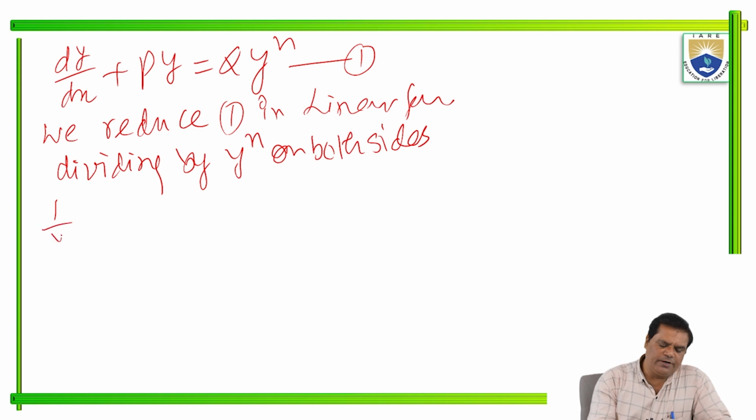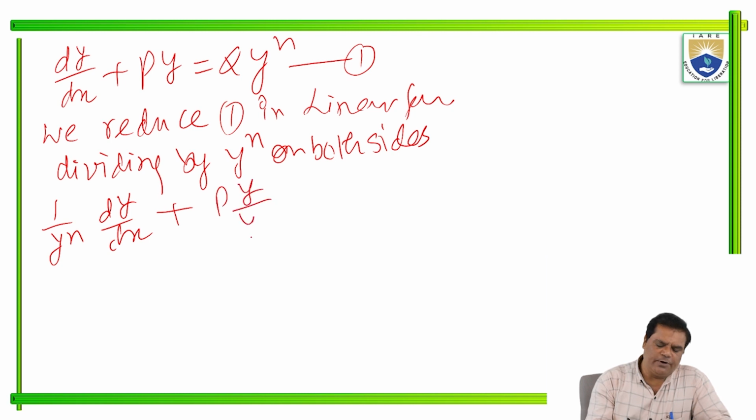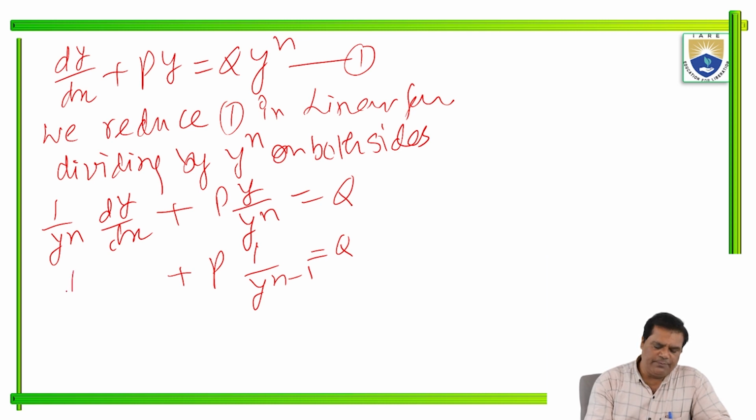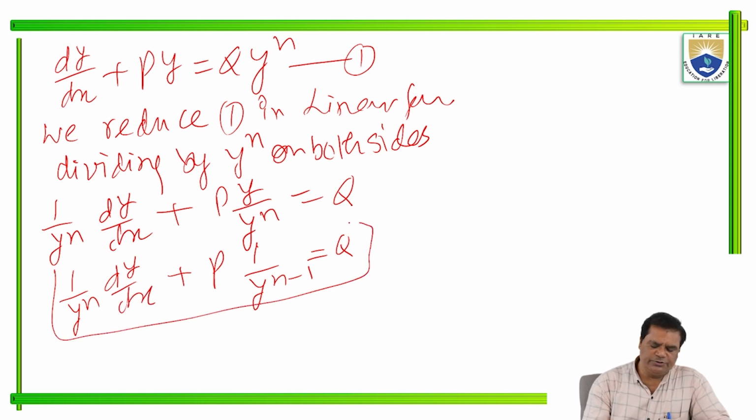So we get 1 upon y to the power n, dy/dx, plus p y upon y to the power n equal to q. So here it is plus p times 1 upon y to the power n minus 1 equal to q, and this is 1 upon y to the power n dy/dx. This is equation 2.